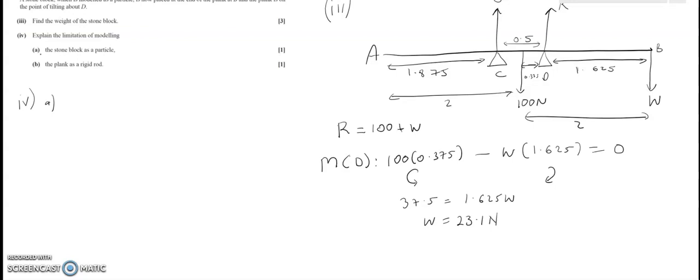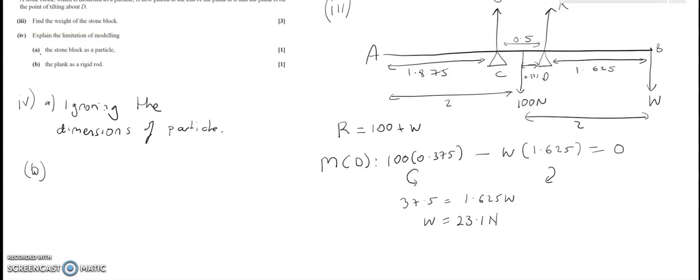So when we model the stone block as a particle, we're going to assume that the weight acts exactly at B, and therefore we're ignoring the dimensions of B, of the particle. So we're going to ignore the dimensions of the particle. That's essentially what we're doing. Or we're not taking the dimensions of the particle into account.